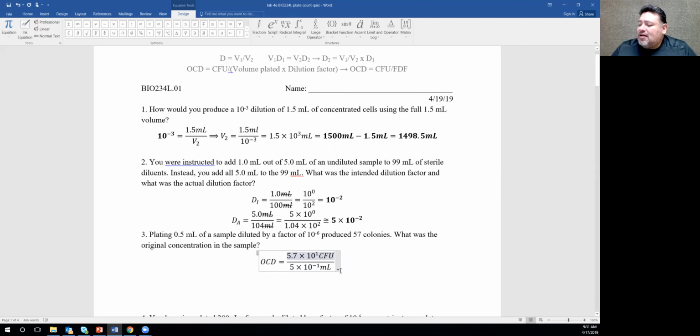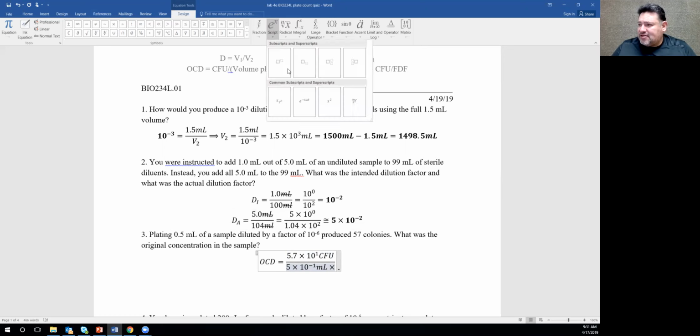Okay. In the denominator, we're going to multiply the volume plated by the dilution factor. So what's the dilution factor? The dilution factor was given to us as 10 to the negative 6. So we're going to say, okay, so that's 10 to the negative 6.